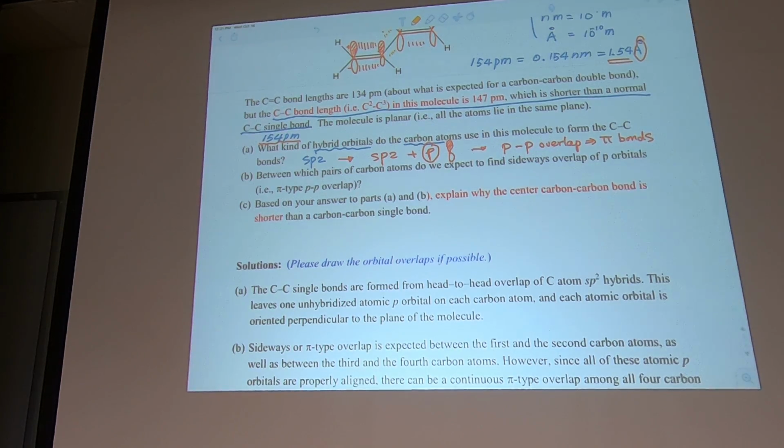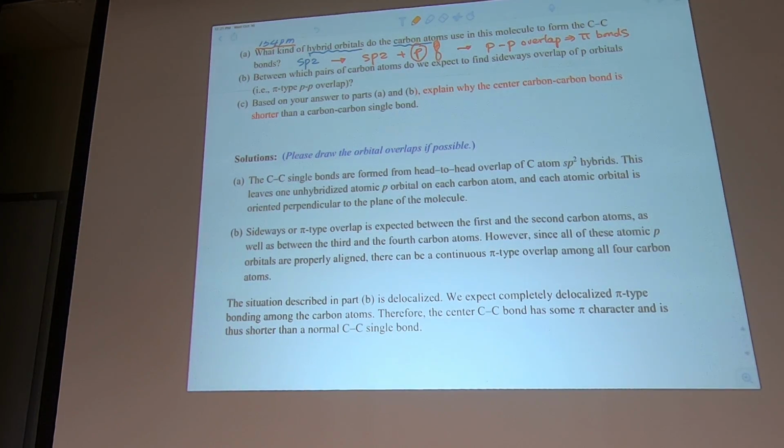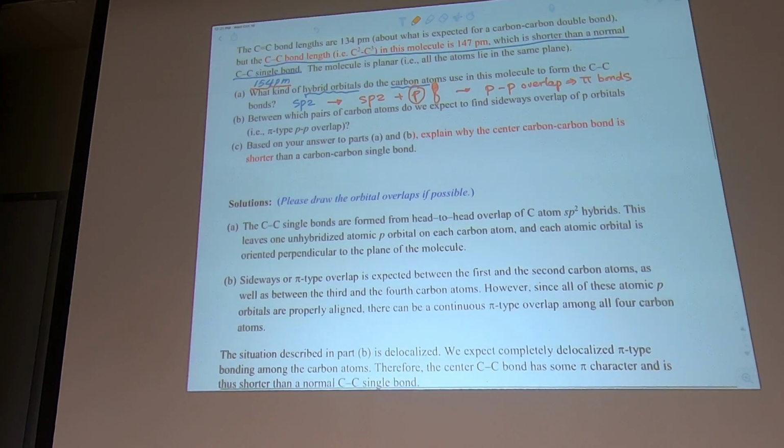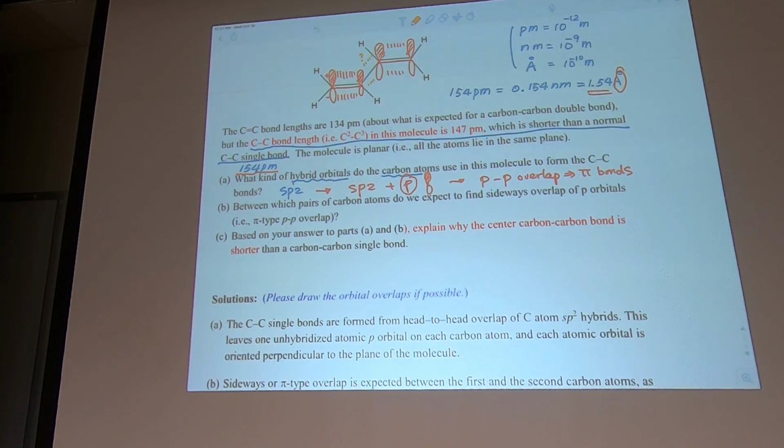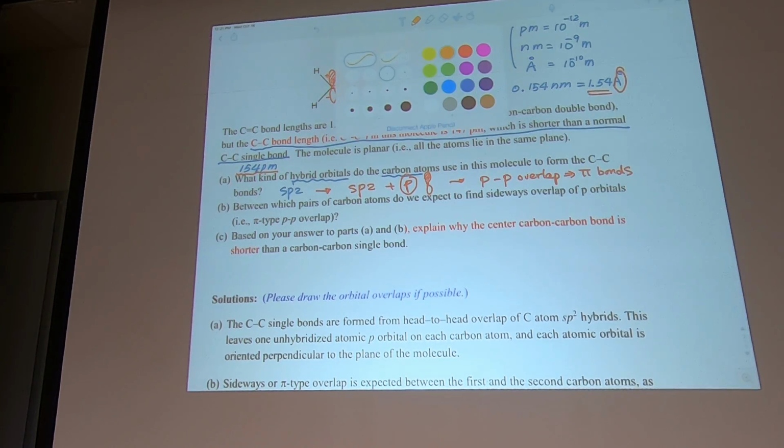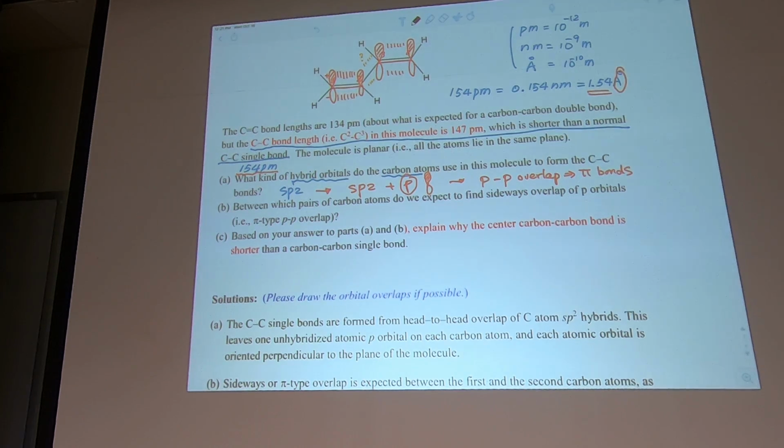So that's a little bit wordier example, and essentially what I'm showing up here is the region between carbons 2 and 3, because there's sideways overlap. I want to give a little bit of extra information too. If I put it in a simple way, let's put it this way.